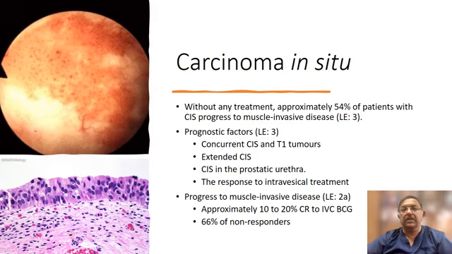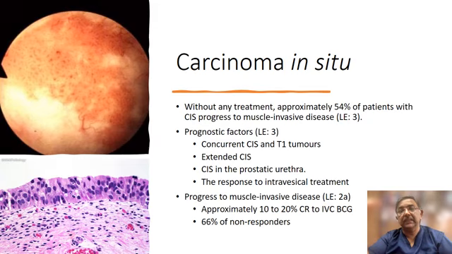Now, carcinoma in situ we know is a difficult condition to manage, and without any treatment, nearly half of the patients will progress to muscle invasive disease. The risk factors for carcinoma in situ are concomitant T1 tumors, extended carcinoma in situ involving most parts of the bladder, or carcinoma in situ in the prostatic urethra.